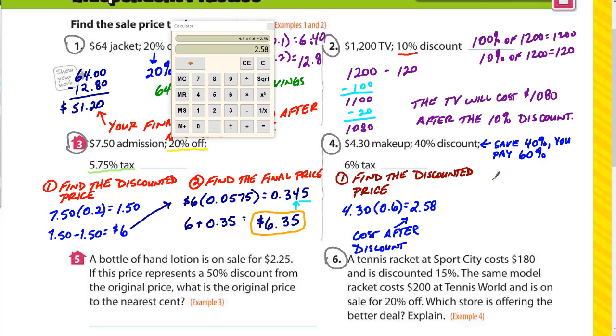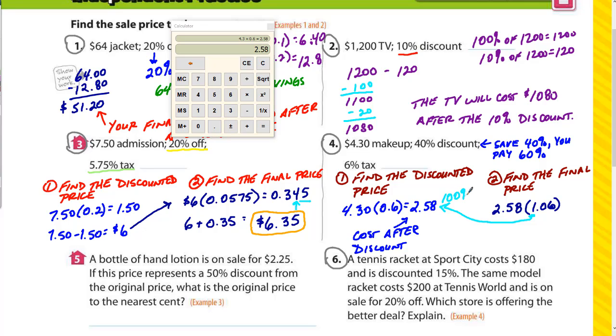So now, step 2, find the final price. I'm going to take my $2.58 and multiply it by 1.06, which is 1 plus my tax. The 1 right there is 100%.